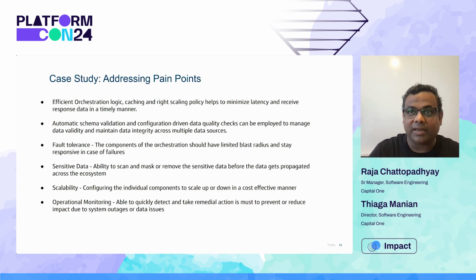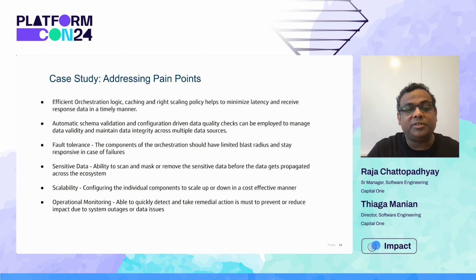If we do not take that action while the data is getting ingested in our ecosystem, it could be more costly. That's the reason we recommend to have that system in place so that we can take that action when that sensitive data is coming into our system.